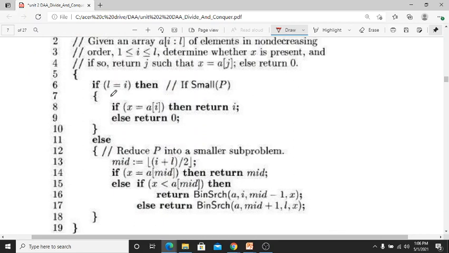So if capital I equals small i, then if X equals A of I, then return I, else return 0.